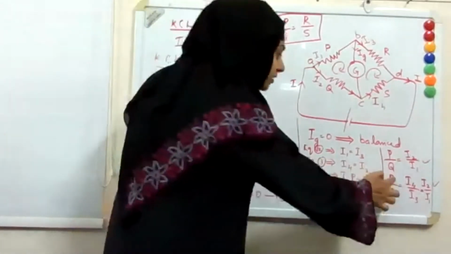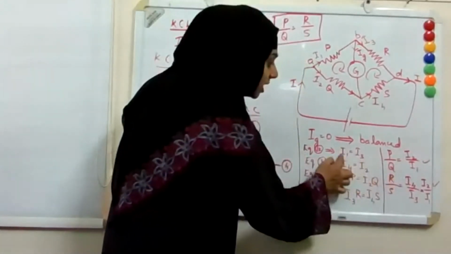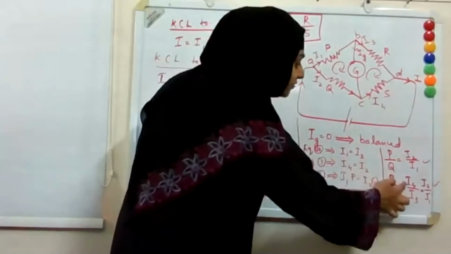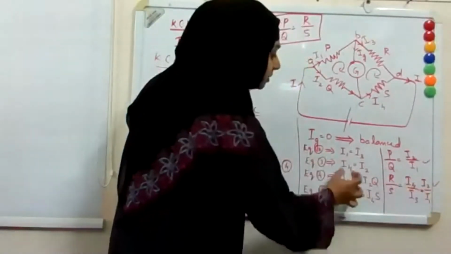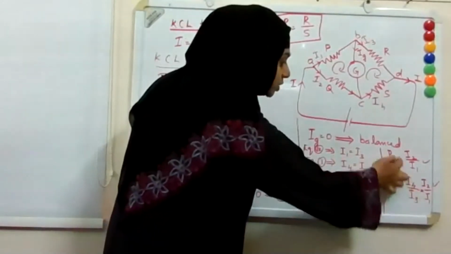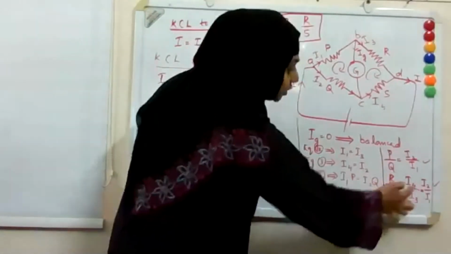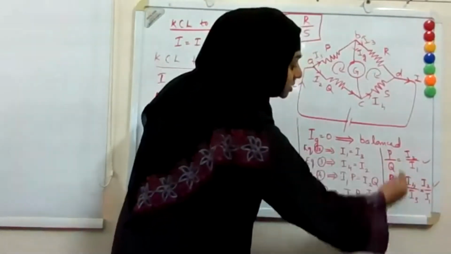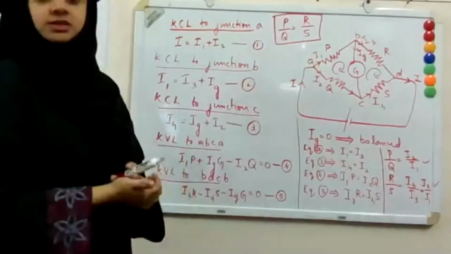But you know that I4 is equal to I2 and I3 is equal to I1. So I4 by I3 I wrote as I2 by I1. So P by Q is I2 by I1, R by S is also I2 by I1. So I can write P by Q is equal to R by S.